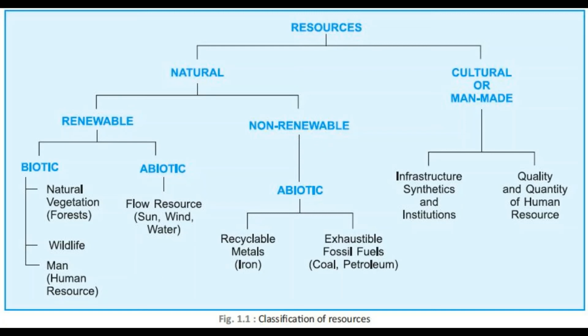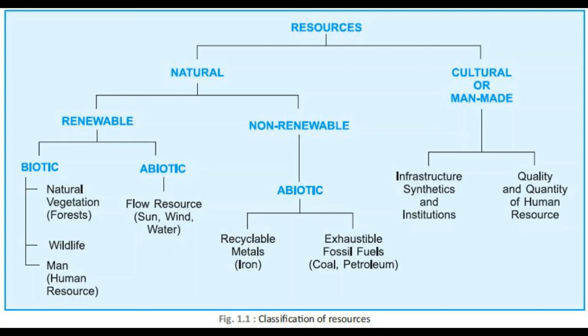Biotic resources are natural vegetation like forest, wildlife, man or human resources, and abiotic are flow resources. Example: sun, wind, water, which can never end. Now, non-renewable resources are mainly abiotic resources. They are divided into two parts: recyclable, like metals such as iron and copper, or exhaustible like fossil fuels, which can be exhausted.